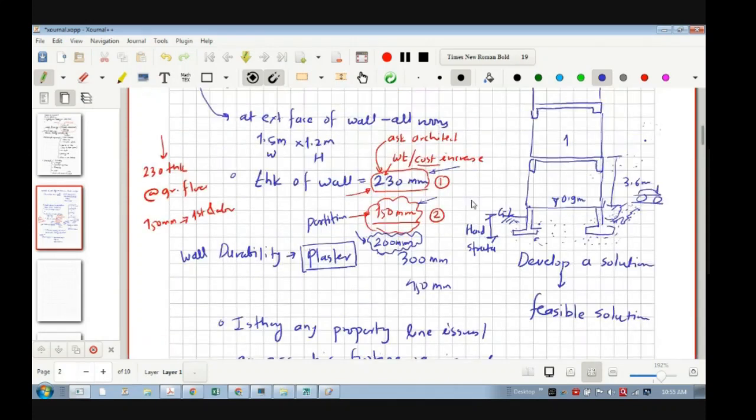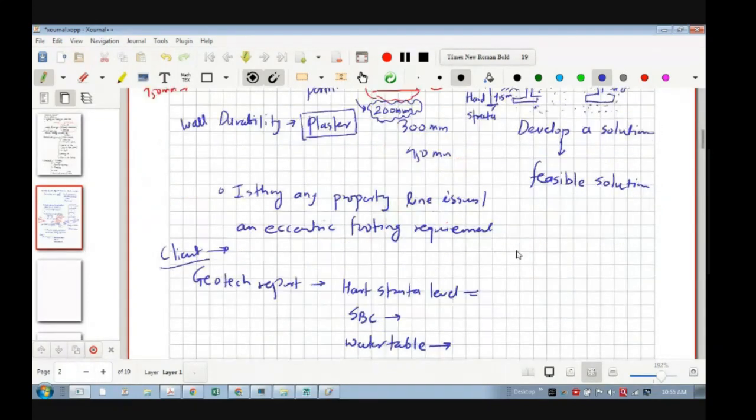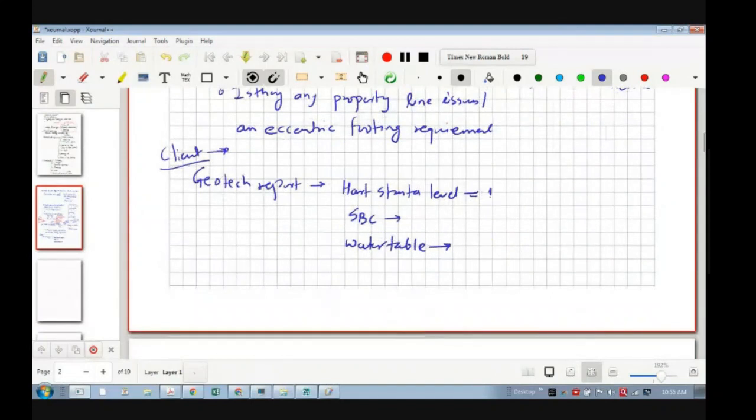So let's say your hard strata level is 1.5 meter below the ground level, and your SBC value is let's say 300 kilonewton per square meter as per the geotech report. And water table, assume no water table for simplicity.